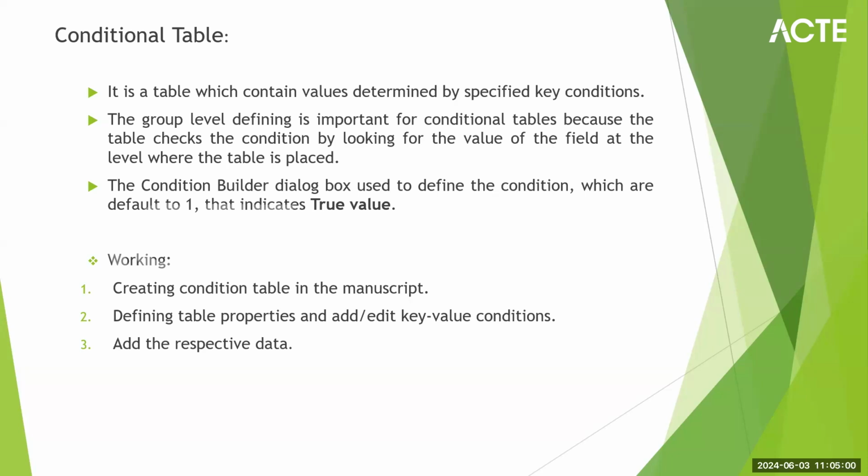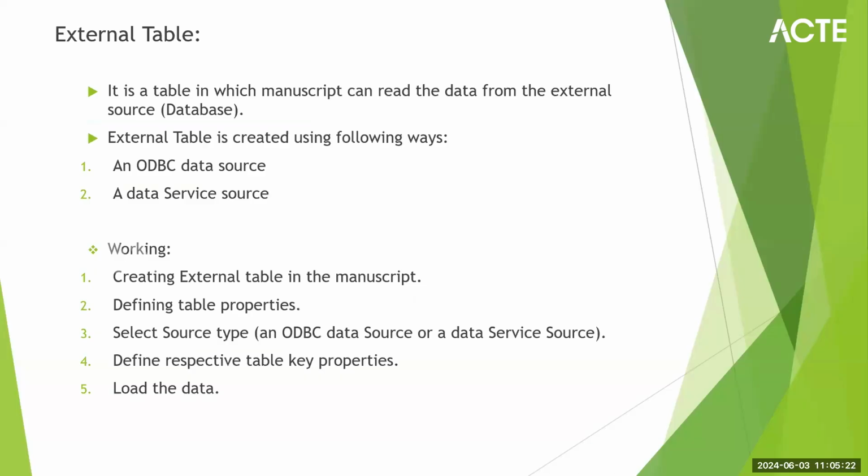That condition should be satisfied while creating a policy, then only you can access this table from the policy. How it works: create a table in a manuscript, define the table properties, add or edit the key value condition, and add the respective data, whatever you want.